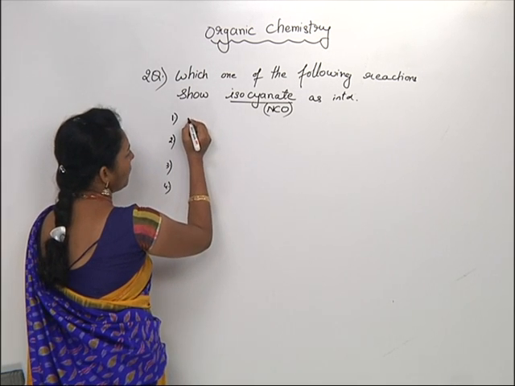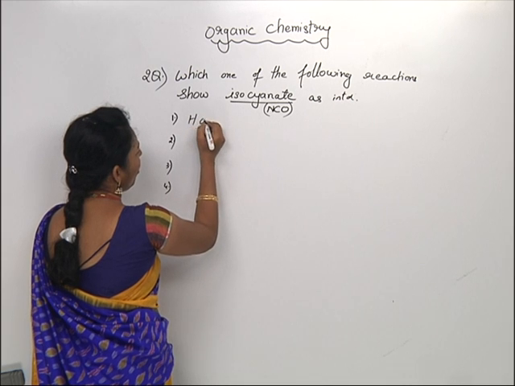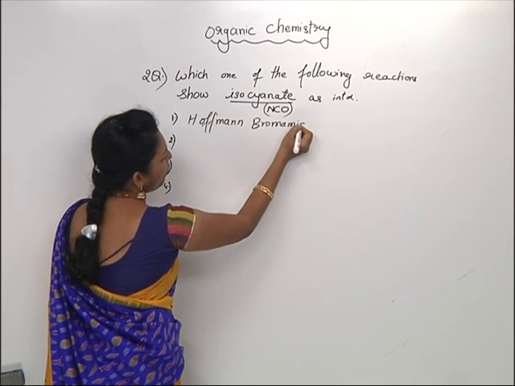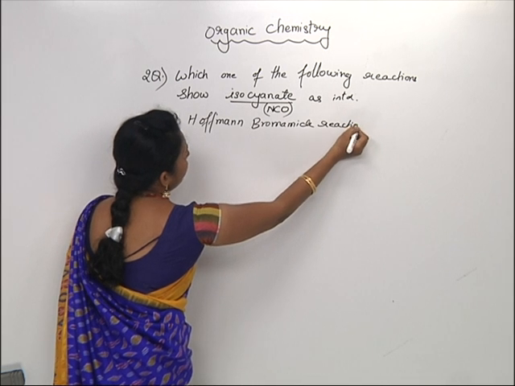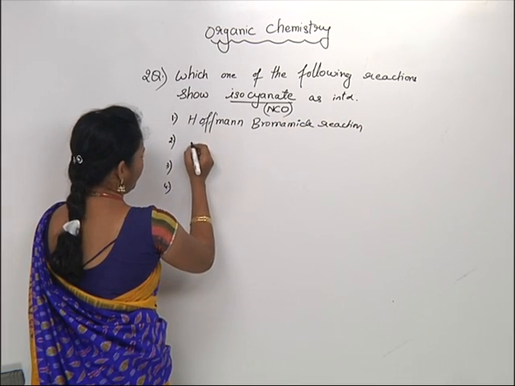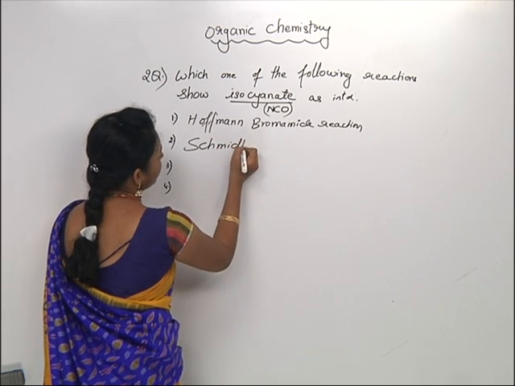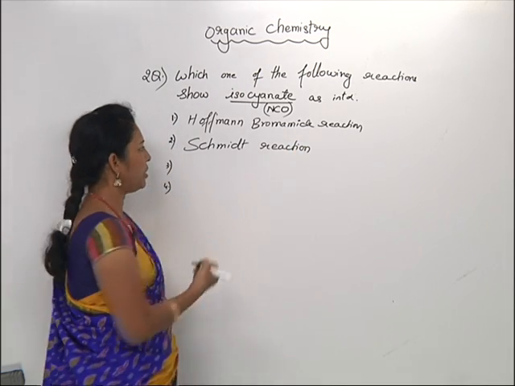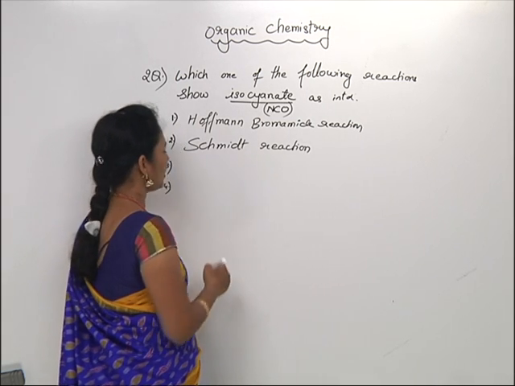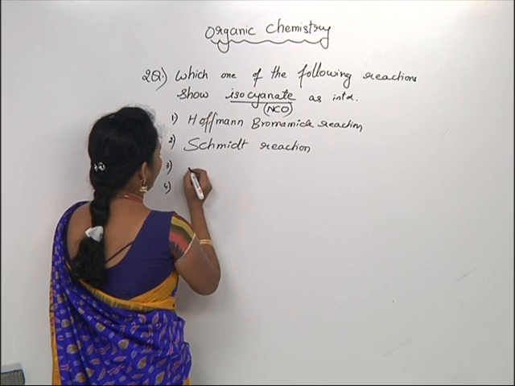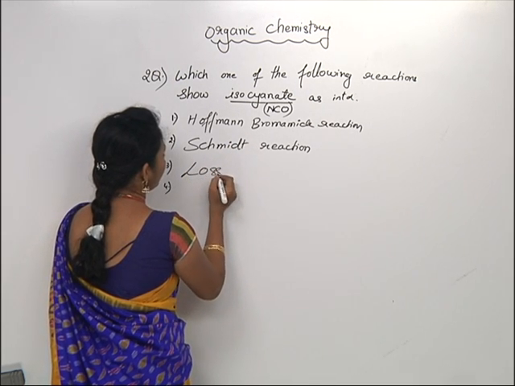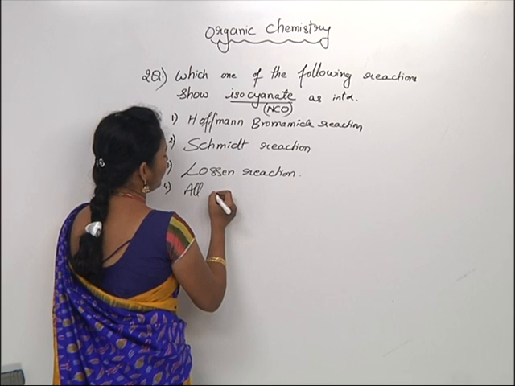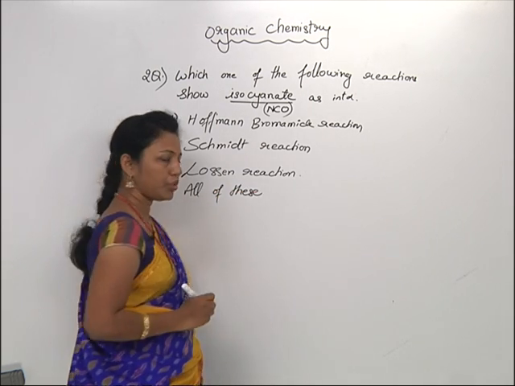If options are given this way, the first option is Hoffmann bromamide reaction, the second option is Schmidt reaction, and suppose the third is given as Lossen reaction, and the fourth option is all of these. The question is given like this.